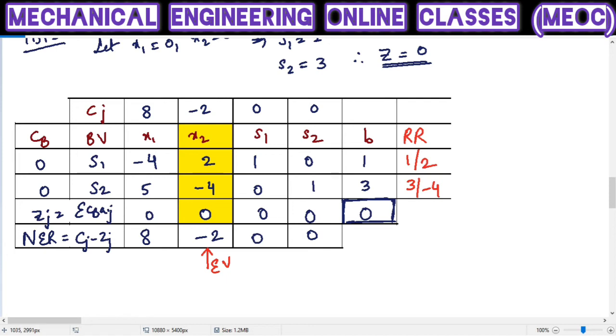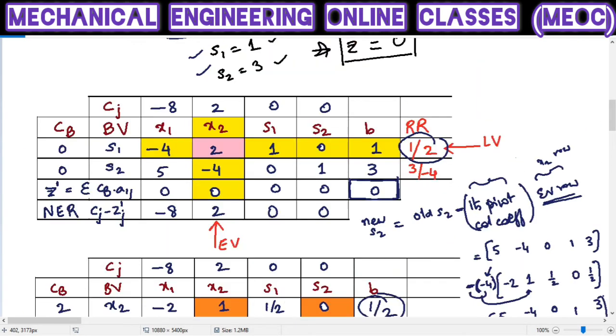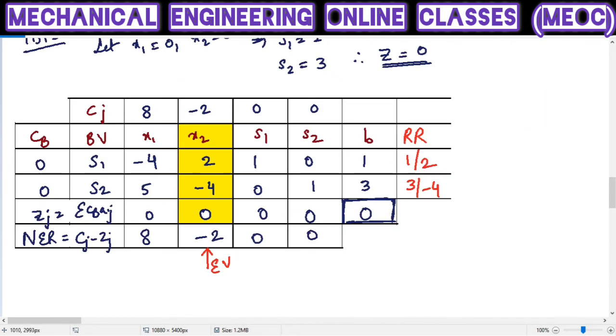For the entering variable, for min type it should be most negative, and for max type it should be most positive. But for a leaving variable, whether max type or min type, we pick the minimum non-negative ratio, which is S1.